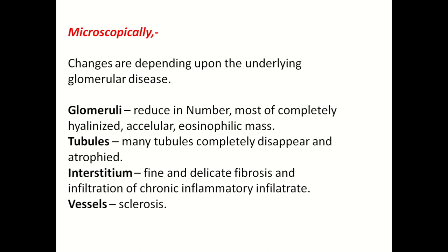There is no thyroidization, and the number of chronic inflammatory cells is reduced compared to chronic pyelonephritis. So now I think you can easily differentiate whether the specimen of small contracted kidney is because of chronic pyelonephritis or chronic glomerulonephritis.